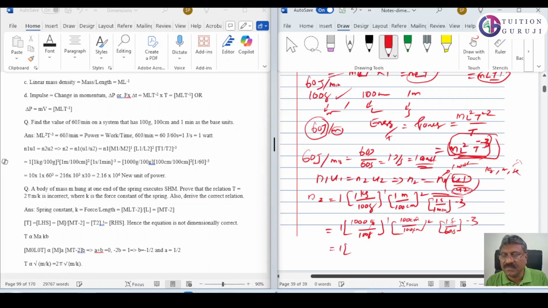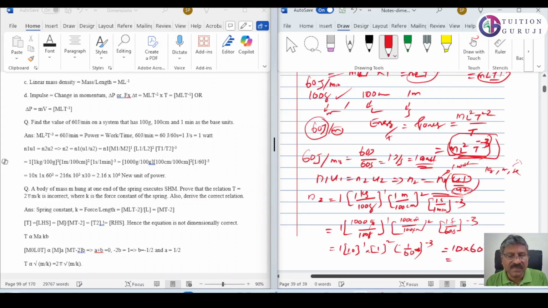So what we will get is 1 into 1000 by 100, which is actually 10, into 100 by 100 is again 1 squared, into 1 by 60 raised to minus 3. Okay, so we get 10 into 60 cube.